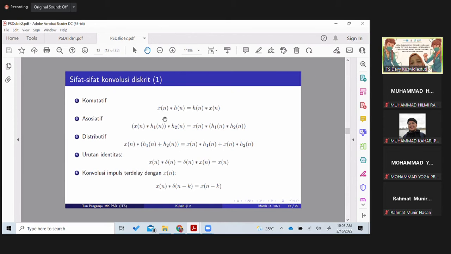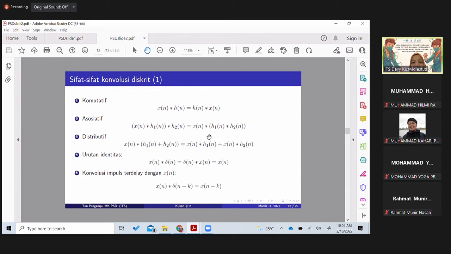So if you convolve x[n] and h[n], and you change the order to h[n] convolved with x[n], it will have the same result. And it also has this property, it is associative, so it doesn't matter the order of the convolution, because it is a linear system.